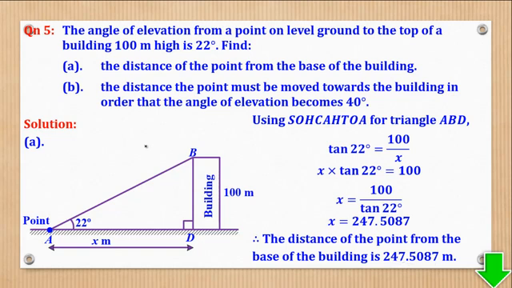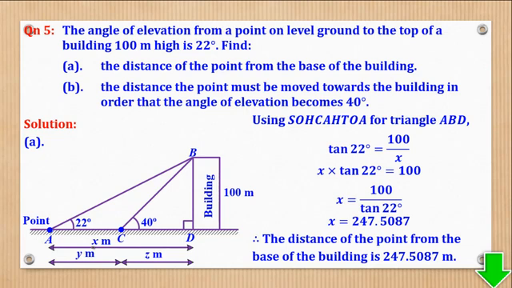What about part B? Part B, they want the distance the point must be moved towards the building in order that the angle of elevation becomes 40. So it will get a point closer to the building, and the angle of elevation will now be 40. Now they want this distance y, so let's call it y.